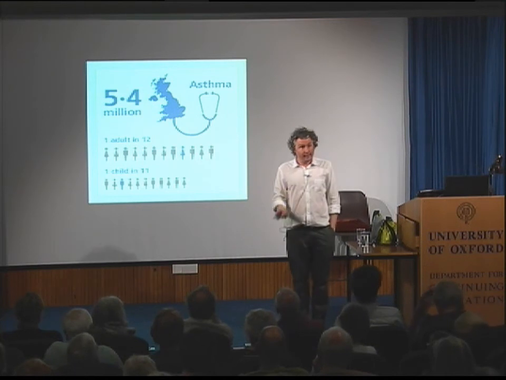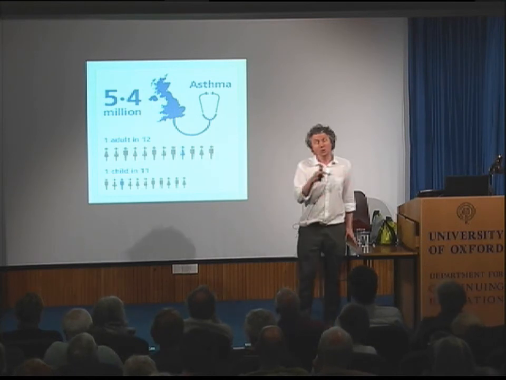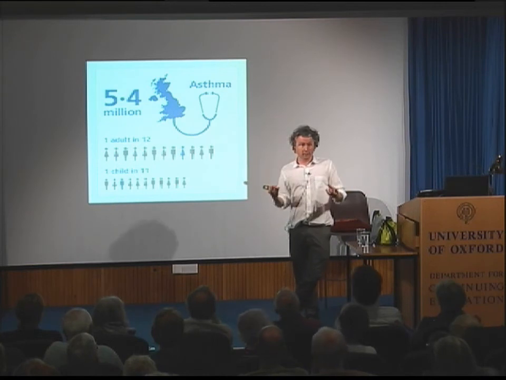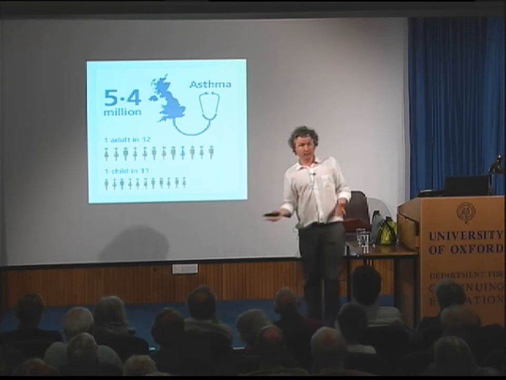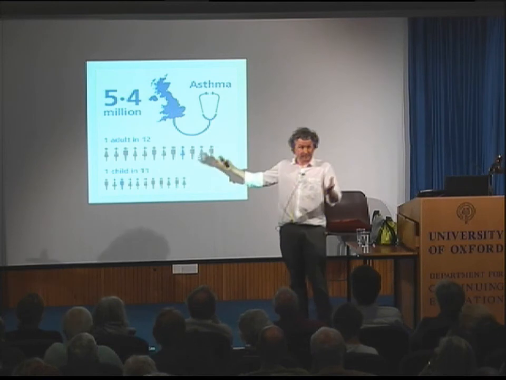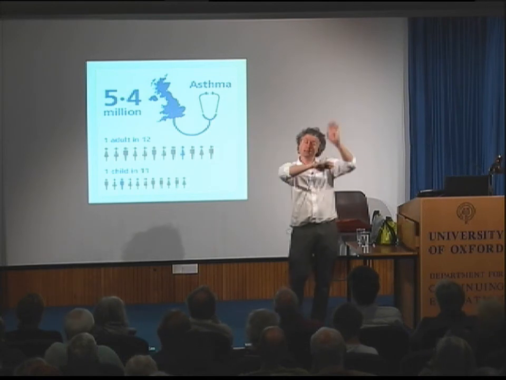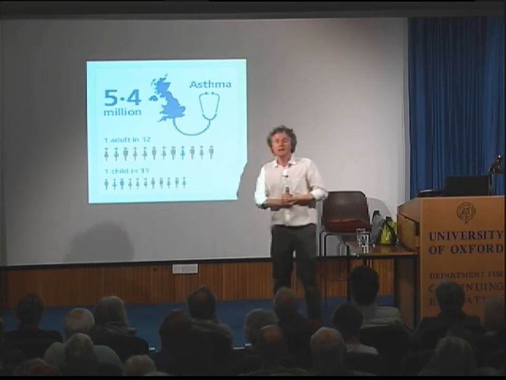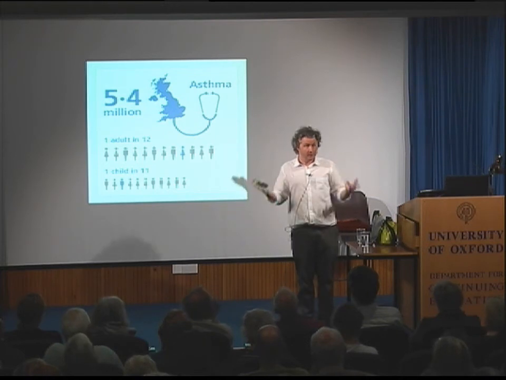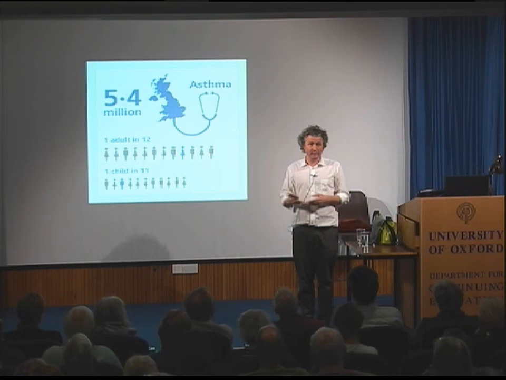Now, a really interesting paper went out and grabbed all of the trials that were used to create the asthma treatment guidelines that are most commonly used in the UK. So these are the trials that were used to make decisions about which treatment is best in asthma, and if you don't do well on that, then what's next in the decision tree, and so on. So these are trials which are being applied to an everyday population of over 5 million people.